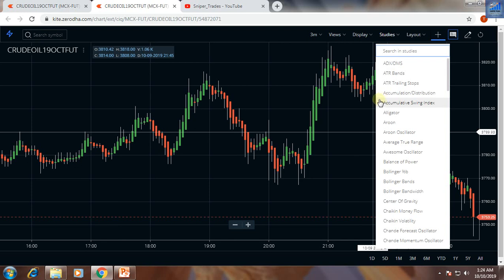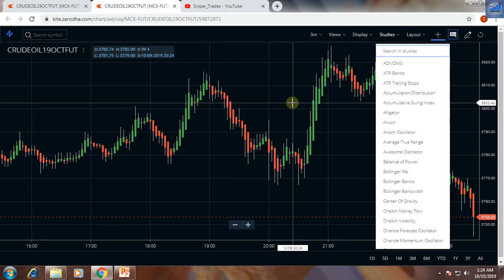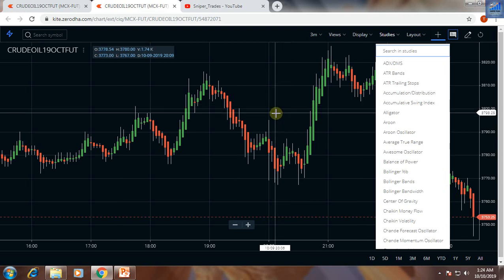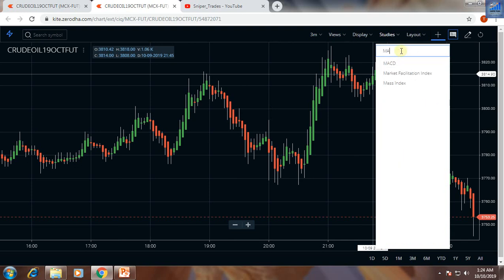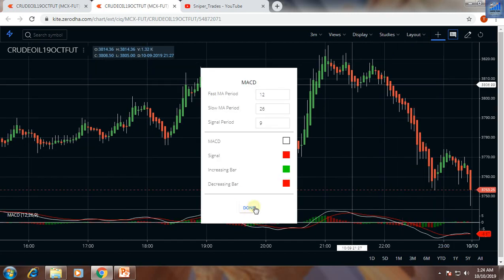So people who are not interested in the calculation behind this indicator can skip somewhat forward. Now let me add MACD here, and I'll show you the lines.